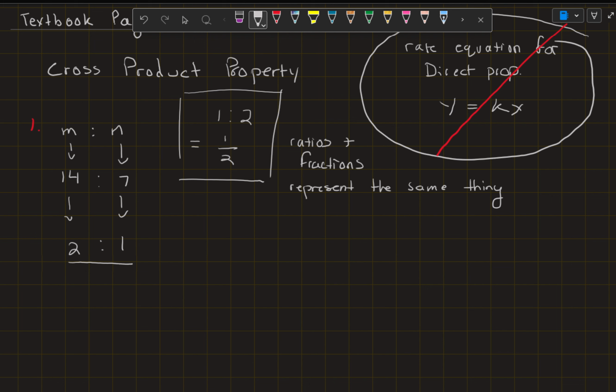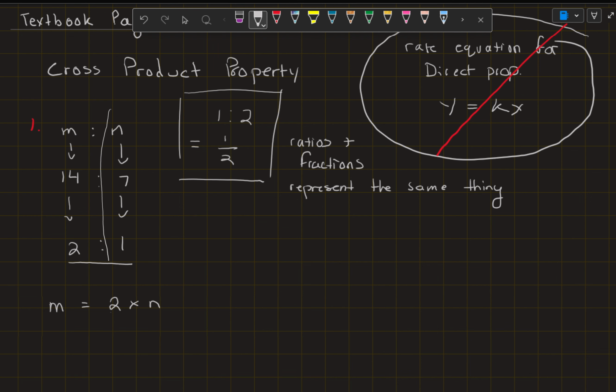That's how I figured that out, okay? Now, because of this, I can also say that m equals 2 times n. And that factor works out true for everything, okay? So to get to m, I have to multiply 2 by n. And the reason why I'm saying that is because 7 times 2 is 14.